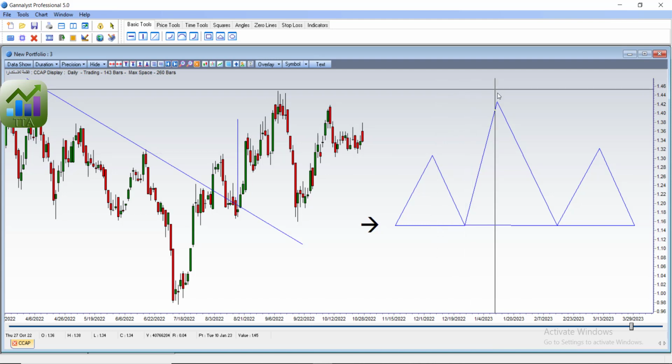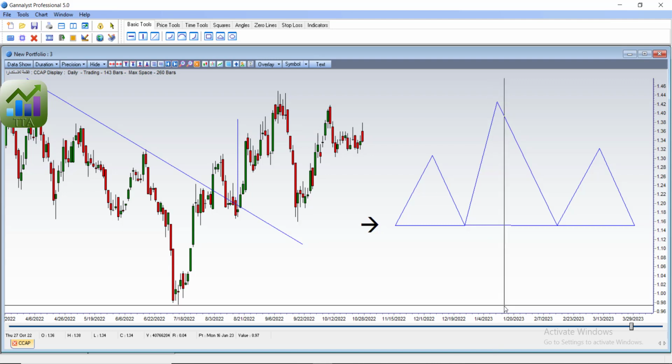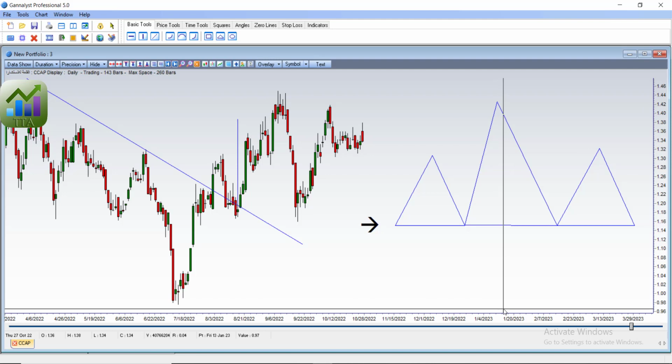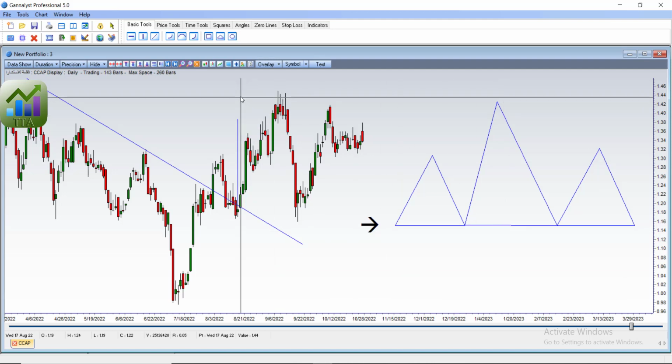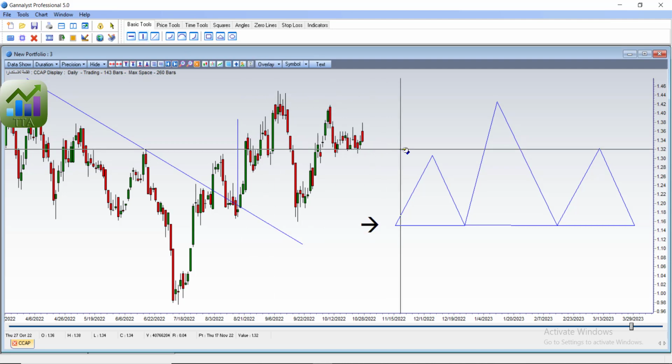The common method is that you measure from this top to the line and the price will be reflected to that distance, but this is not totally accurate. To measure, you should measure the three of them.